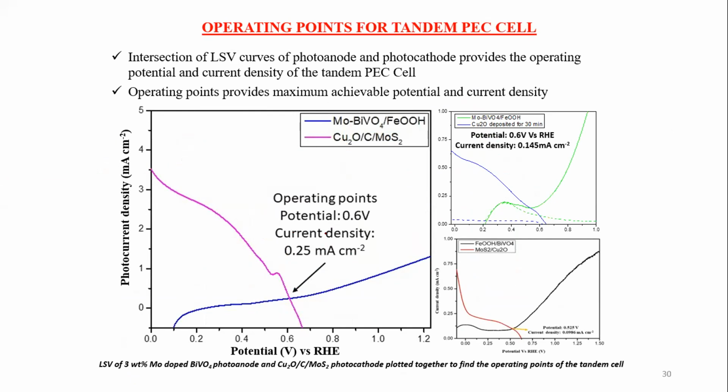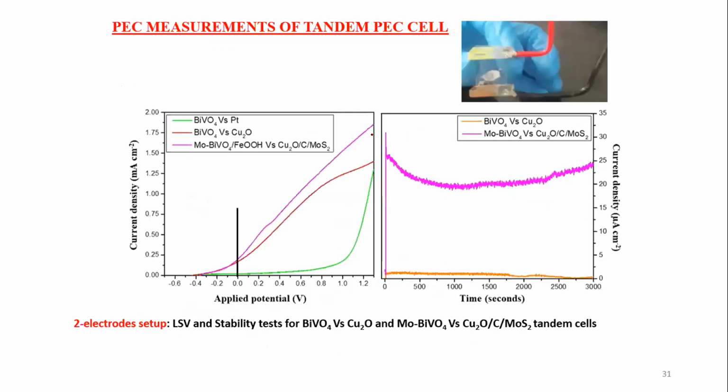Even though this value is very low, if we convert it to efficiency, it comes to less than 1%. But most of the systems reported in the literature also have an efficiency of less than 1% for such a system. Here we still need to optimize the system.